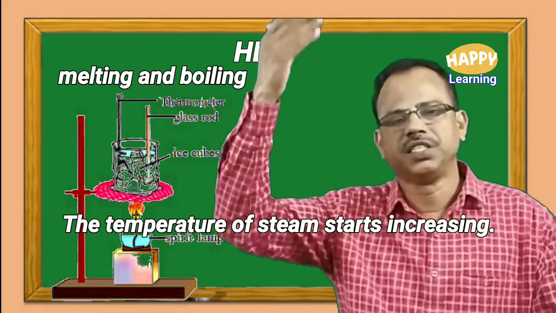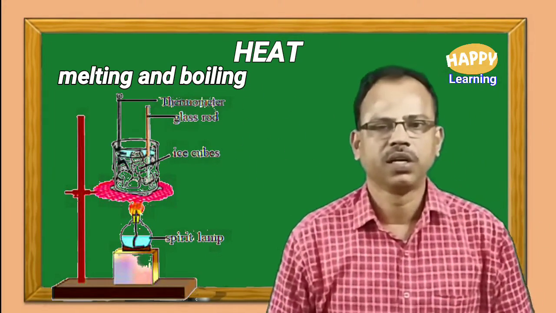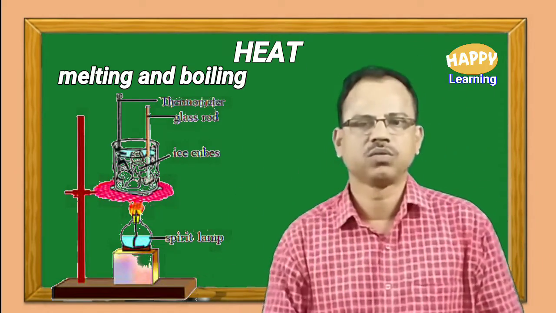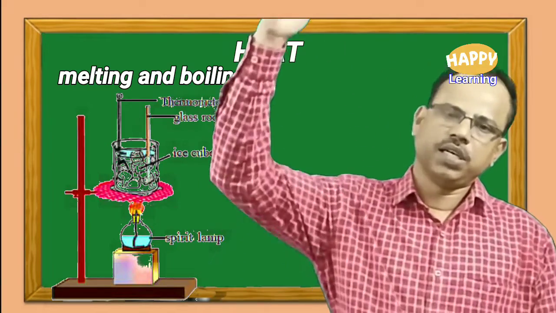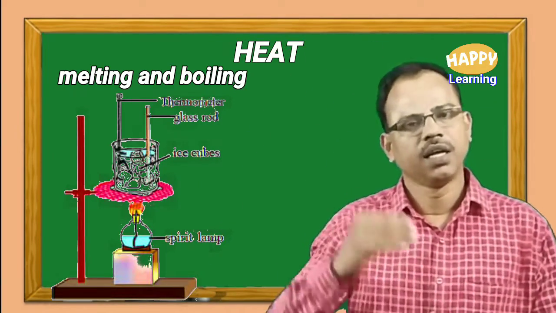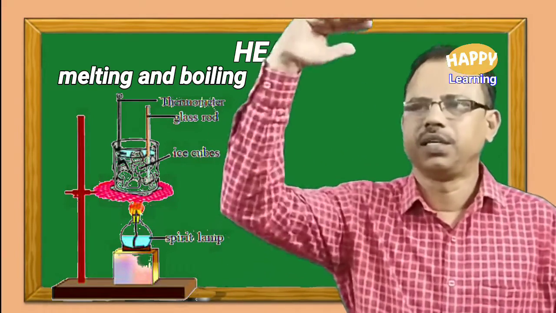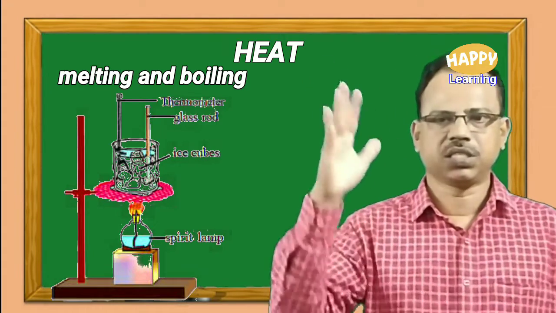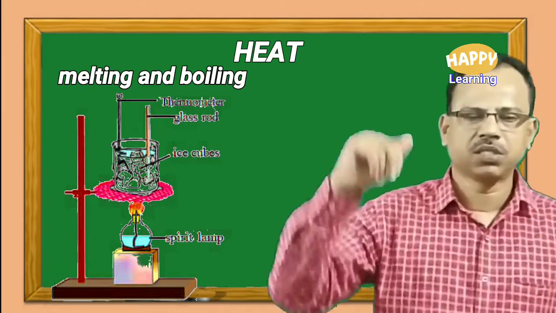Suppose, assume we have suitable equipment and we are noting those values also. So the temperature increases, and assume, take it for granted, that the temperature has reached 110 degrees Celsius. Okay. Now complete picture once.